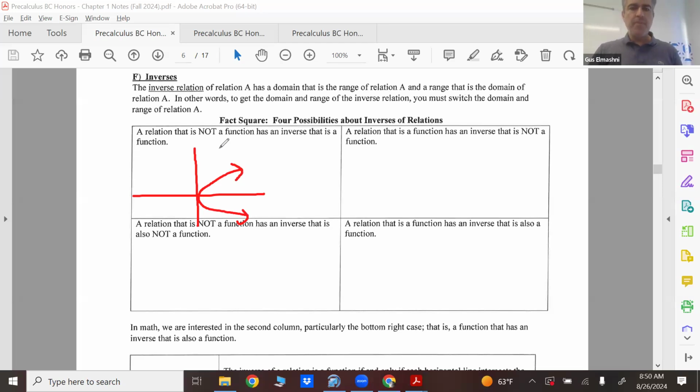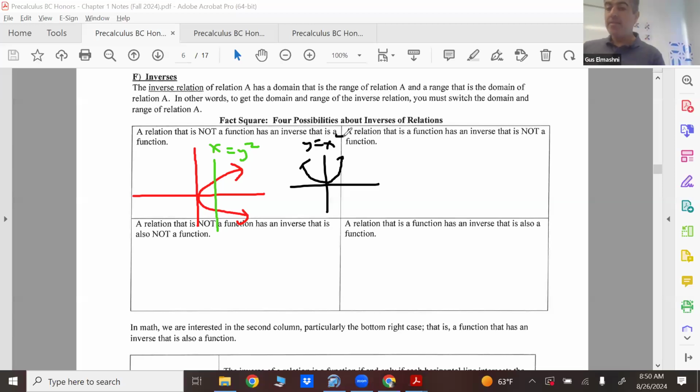So for example, this will fail the vertical line test, right? And that relationship is x equals y squared. But what would its inverse be? y equals x squared, which would be a function now. So in that case, that would pass the vertical line test.